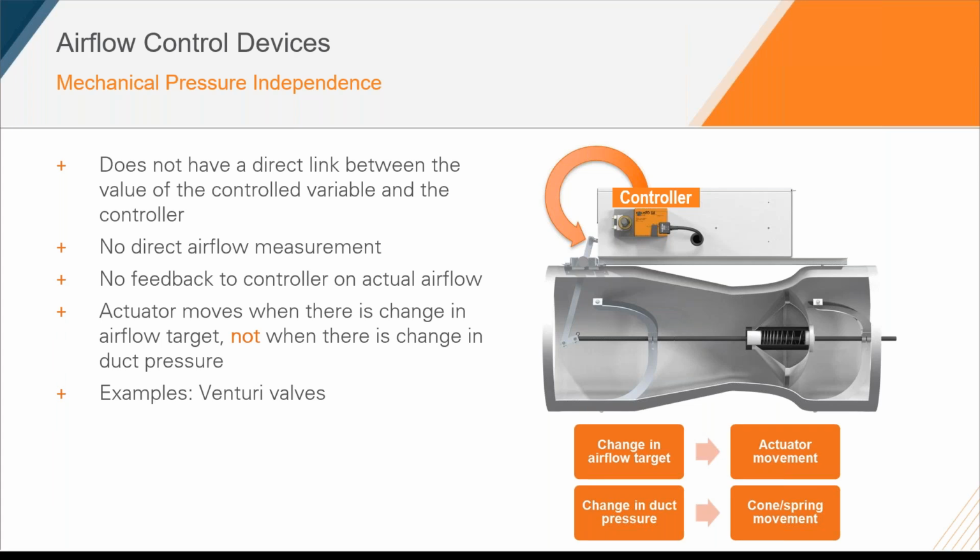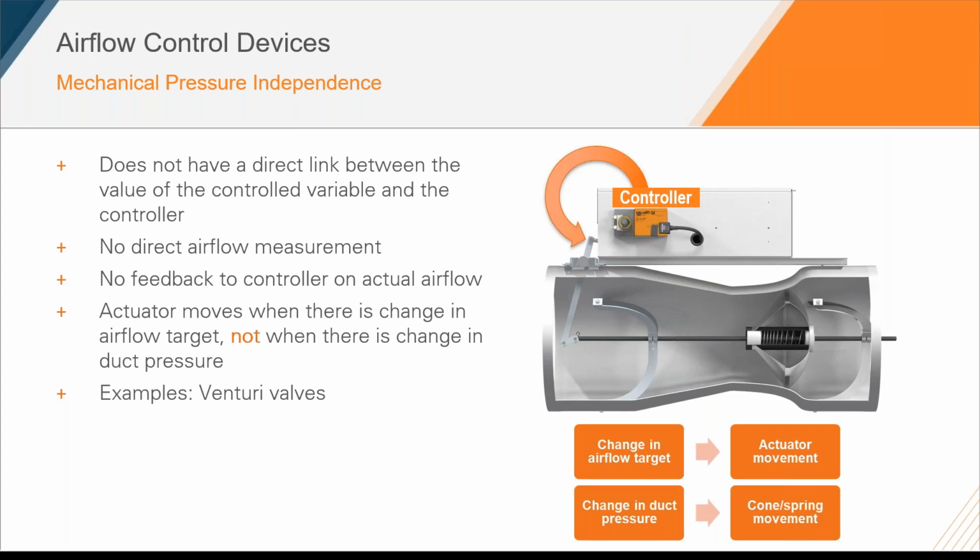So essentially with this venturi valve, we have two mechanical operations going on. The first mechanical operation is that cone spring inside the valve. Whenever there's a fluctuation in that duct static pressure, that cone spring is reacting instantaneously to that change. It's essentially a force mass balance equation with the spring inside the valve and the fluctuating pressure.